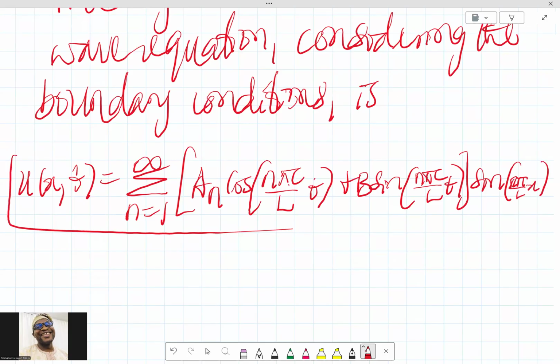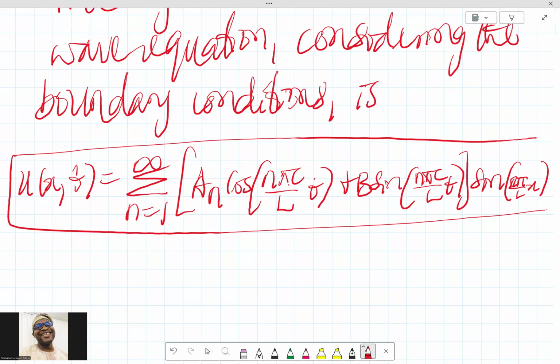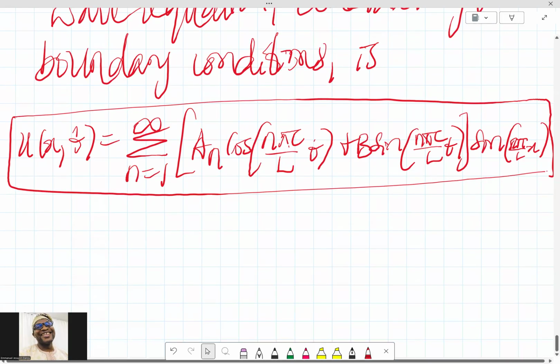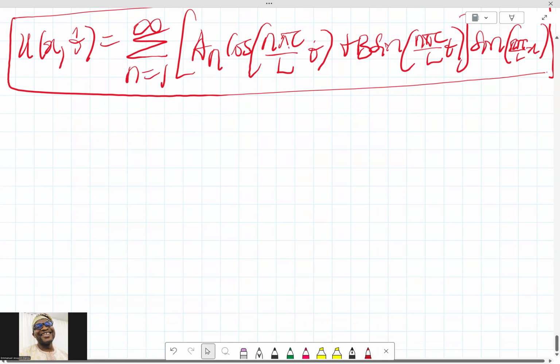So this is the general solution from all the journeys we've made so far.